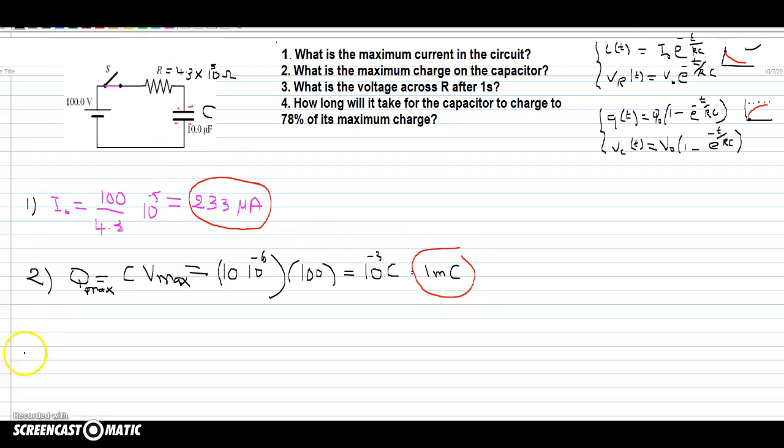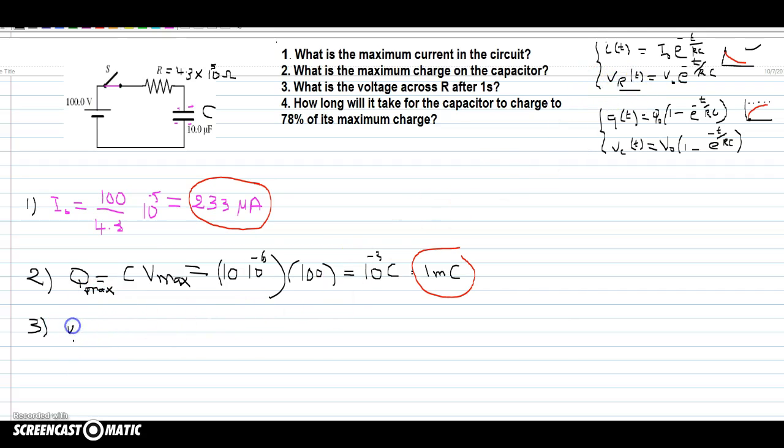Question 3. Now, what is the voltage across R after 1 second? Now you have to remember, across R there is exponential decay for the current and VR. So I'm going to use this equation here.